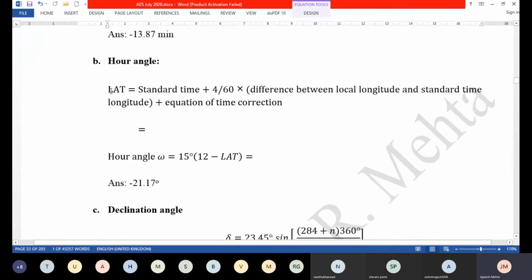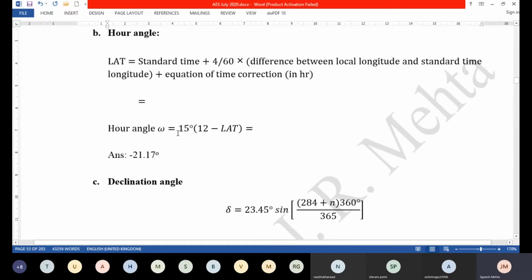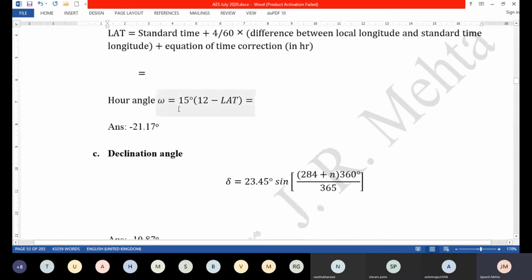Then you can use the formula for the local apparent time, which is seen here. And then this equation of time correction should be put in which unit? It should be in hours, right? So you have to divide the equation of time correction in minutes by 60.